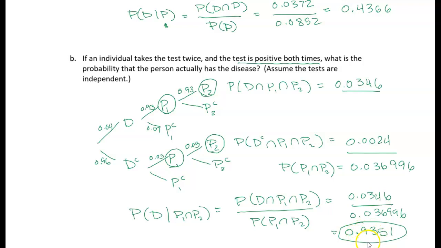There's still a 6.5% chance that maybe you don't have the disease, but that's a lot better. I feel a little more confident if I test positive twice. Whereas in the other case where I only tested positive once, it was less than a 50% chance that I actually had the disease. So that's a very interesting result.